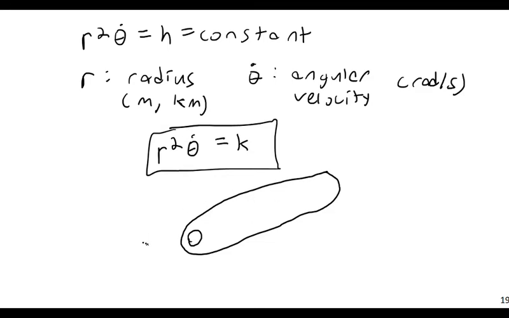Down here, though, when the radius is very small, the theta dot is going to be gigantic. It's going to be moving at an incredible angular rate. In fact, it'll be moving at a very high velocity as well. And so we can see that at very high orbits, the orbital velocity actually declines.